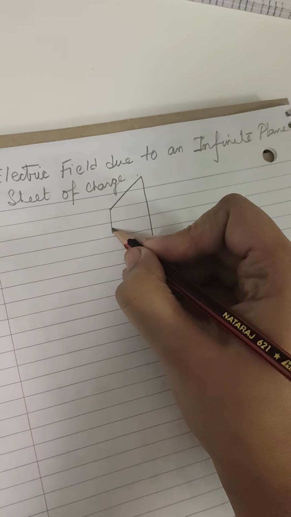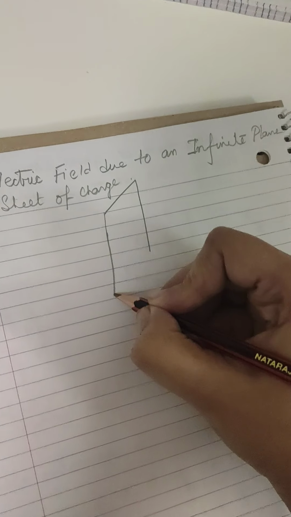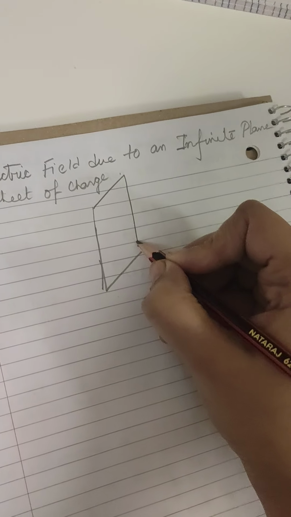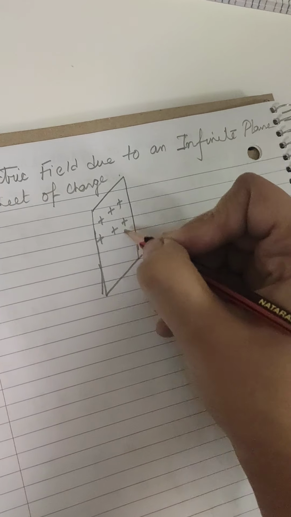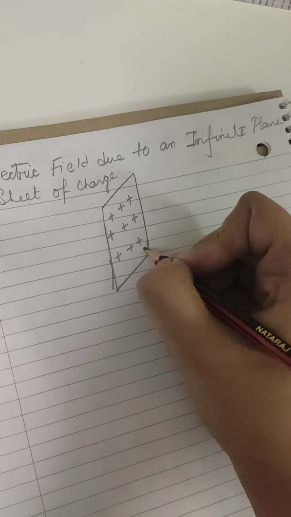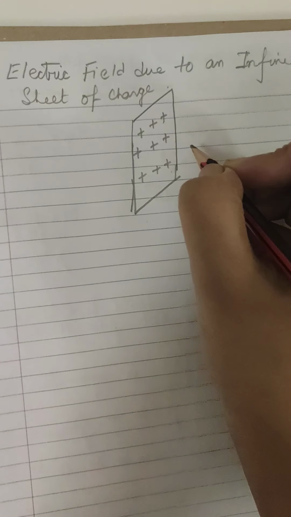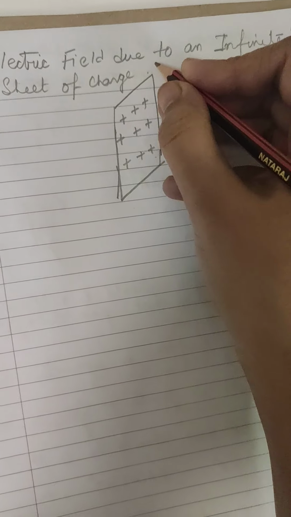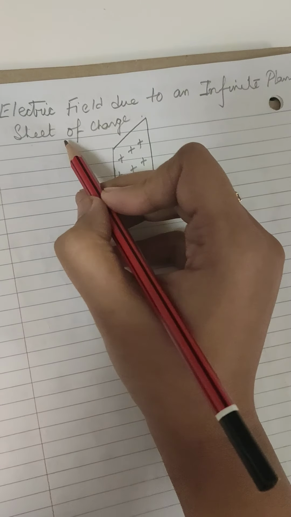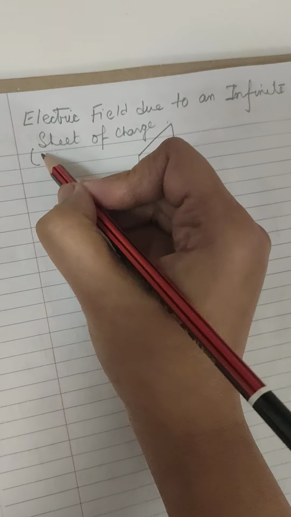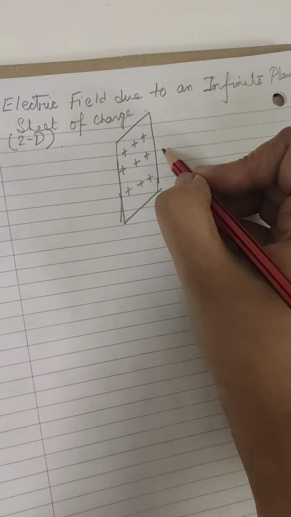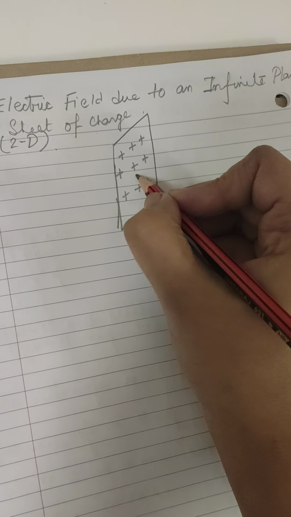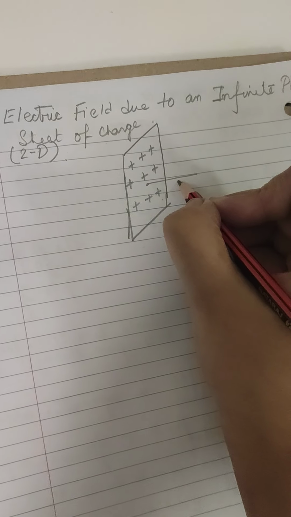We take an infinitely long plane sheet of positive charge. This plane sheet is two-dimensional. It's a sheet, it is a plate of charge. And we have to find the electric field intensity at a distance r from it.